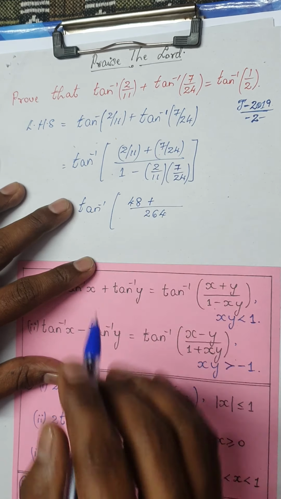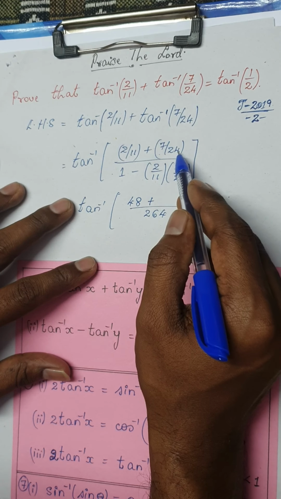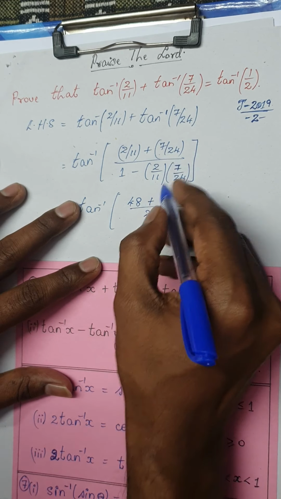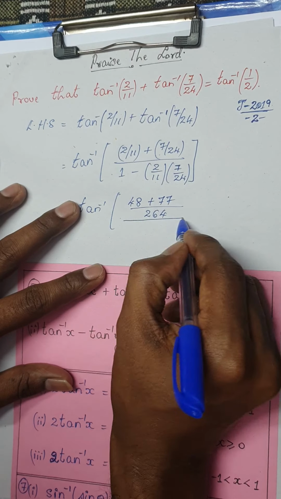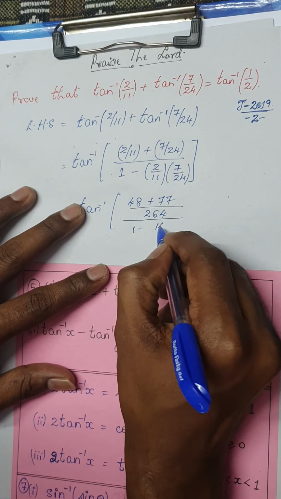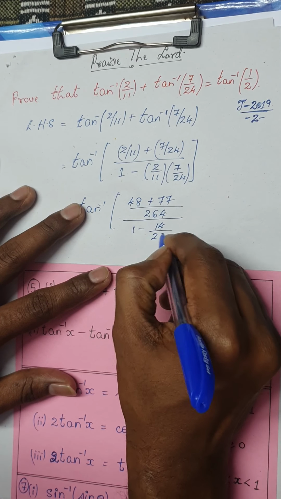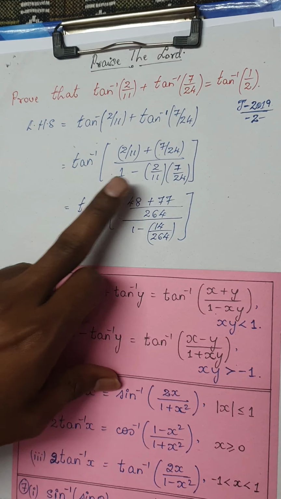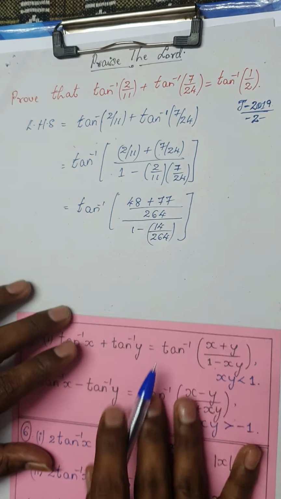Okay, plus again, if you divide 264 by 24, you will get 11. So 11 into 7 will be 77. Okay, divided by 1 minus 2 into 7 is 14 divided by 11 into 24 is 264. Okay, this is just by taking the LCM in the numerator and multiplying these two terms in the denominator.